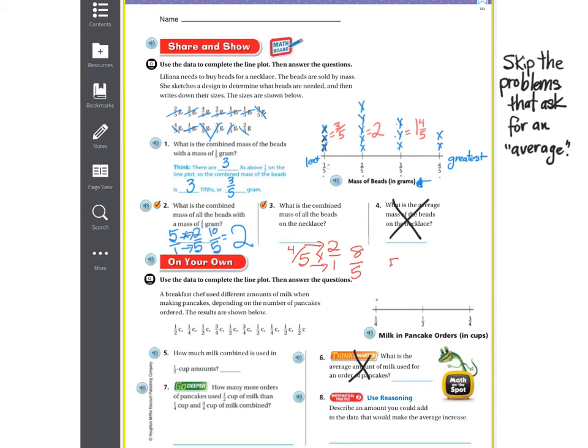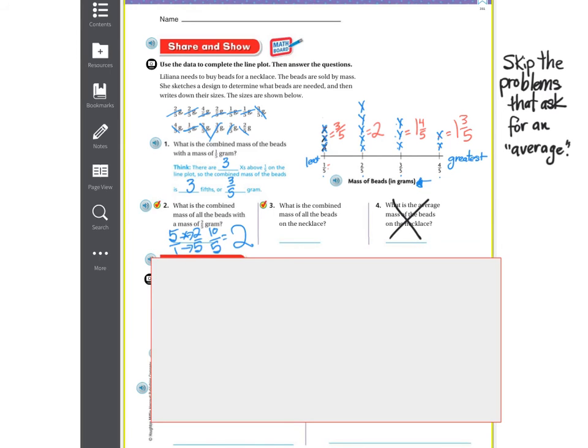Then we are going to find the correct fraction. That's an improper fraction, and I get 1 and 3/5. So this equals 1 and 3/5.